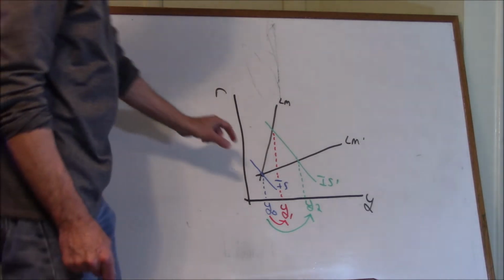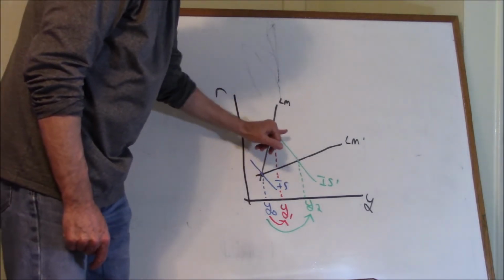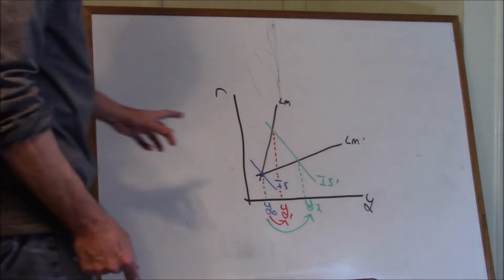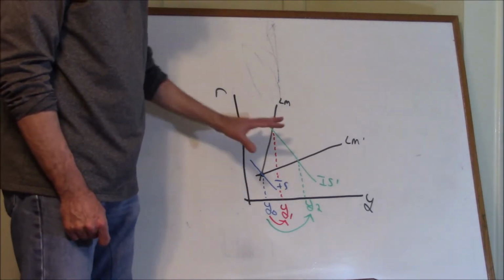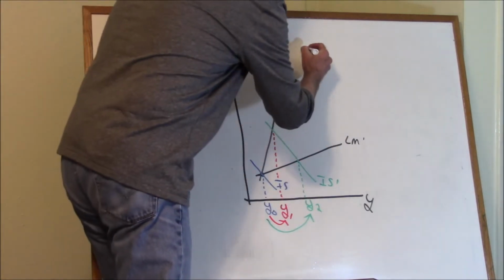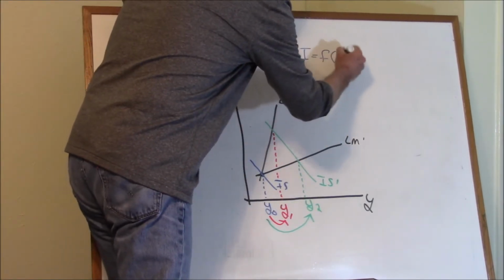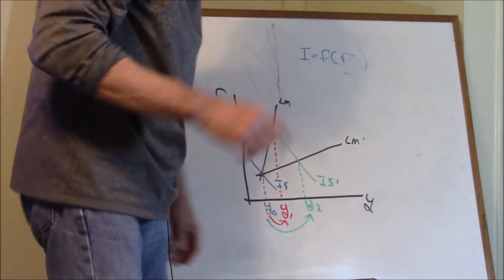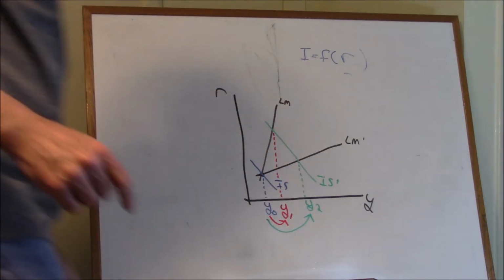We would prefer that it only drove them up to here rather than up to here because it's going to cause investment to fall. Yes, government spending went up and that helped, but investment's going to fall some. In both cases, investment's going to fall some because investment is a function of the interest rate, and the interest rate is going to go up in both scenarios.